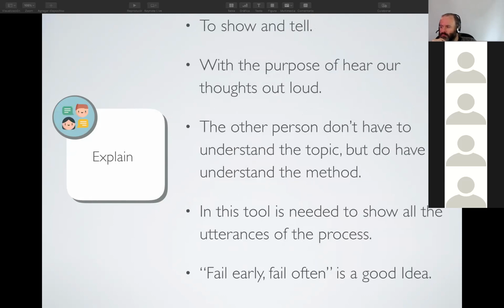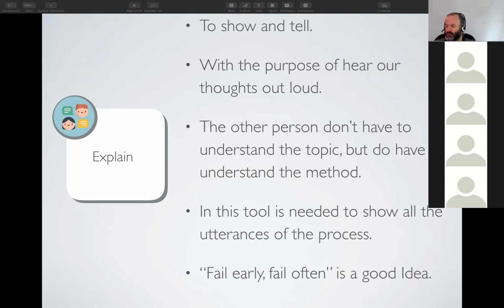So then we go to explain. We show and tell, and right now I'm telling you. I'm going to show the model in a second, with the purpose of hearing it, or talking out loud, because in our head, everything has a meaning and makes sense.